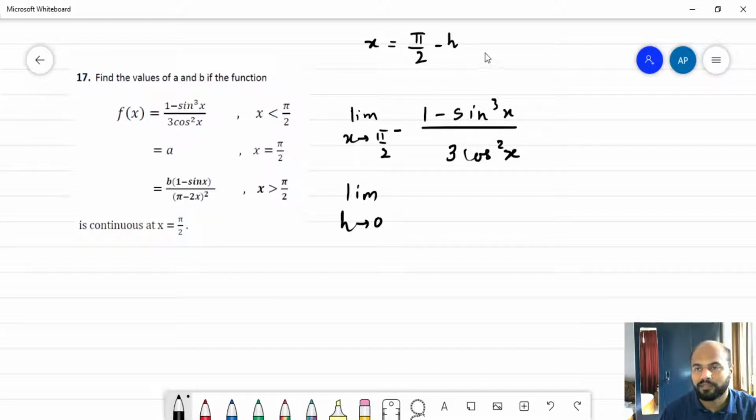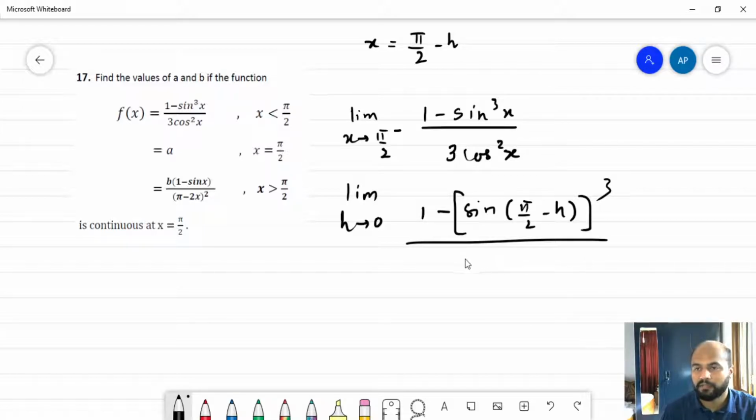So in place of x, I'm going to put sine of pi by 2 minus h, the whole cube, divided by 3 cos of pi by 2 minus h, the whole square.